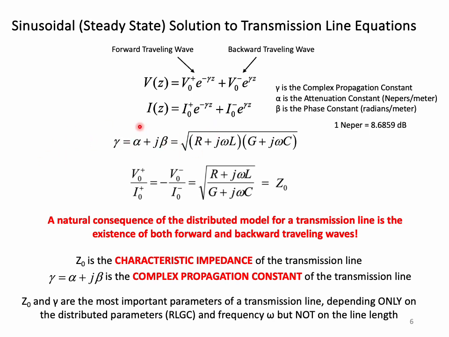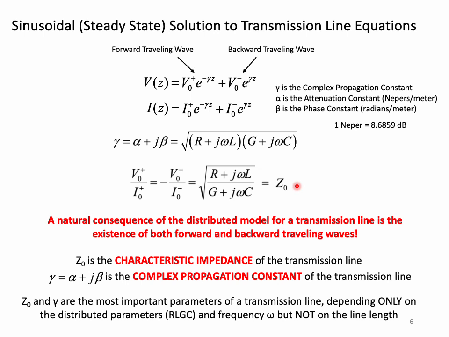From the telegrapher's equations, we also know that gamma is equal to the square root of the product of R plus j omega L and G plus j omega C. The interesting point, though, is that the ratio of the voltage to current along the line, V0 plus over I0 plus, or V0 minus over I0 minus, in other words, the impedance for the forward traveling wave or the backward traveling wave, is given by the same relationship, which is the square root of R plus j omega L over G plus j omega C. And we define this to be Z0, the characteristic impedance of the transmission line.